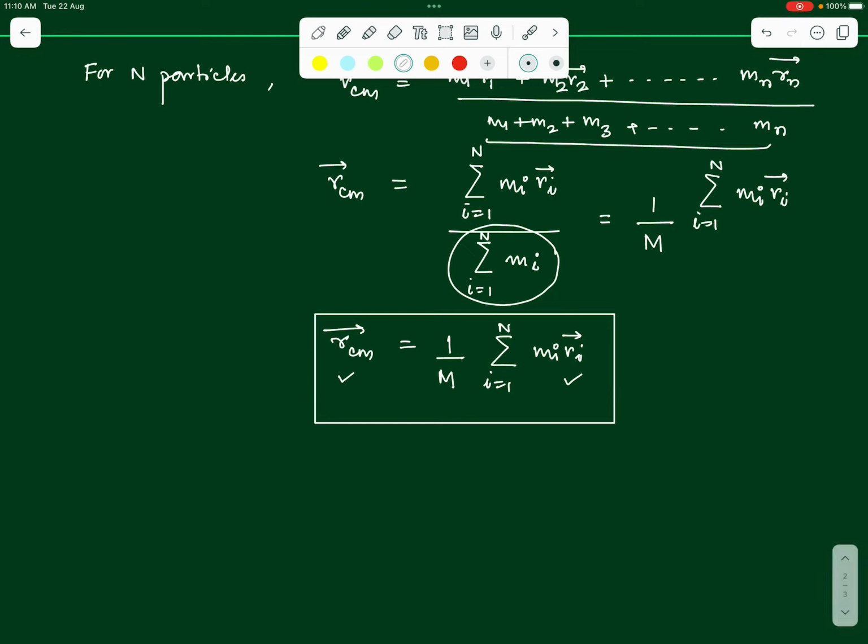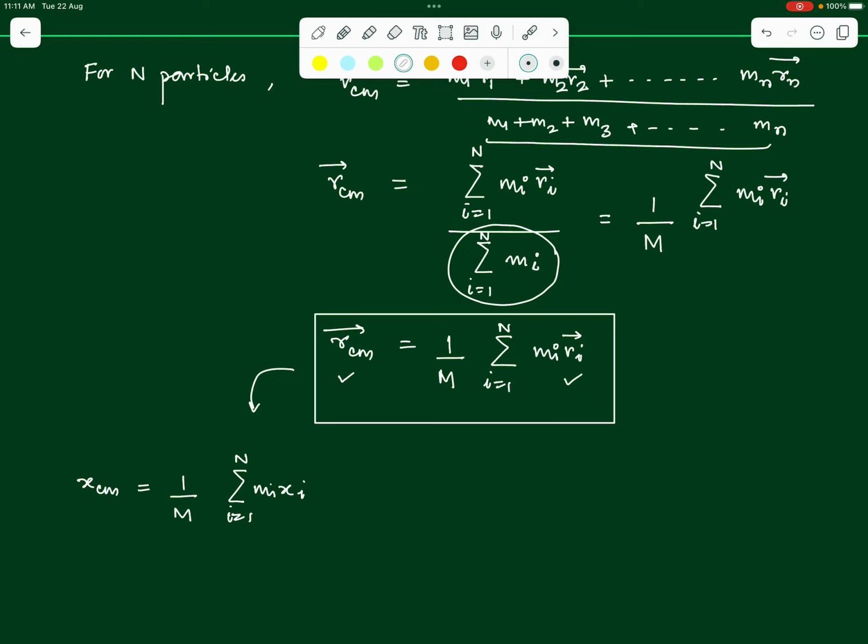This can be split into 3 components as x_CM is equal to 1 by M summation of m_i x_i, i running from 1 to n. We need not put the vector sign over the x coordinates now, because we are only dealing along the x axis.